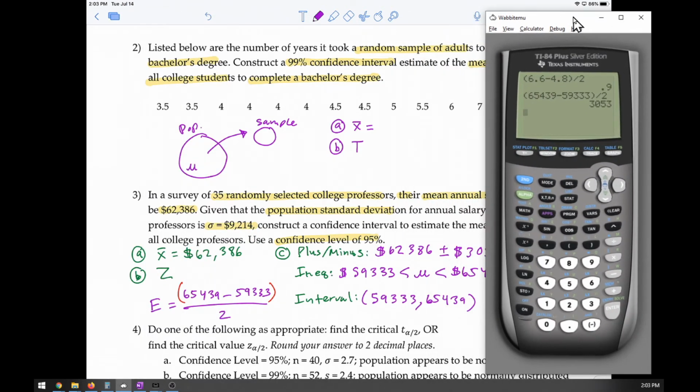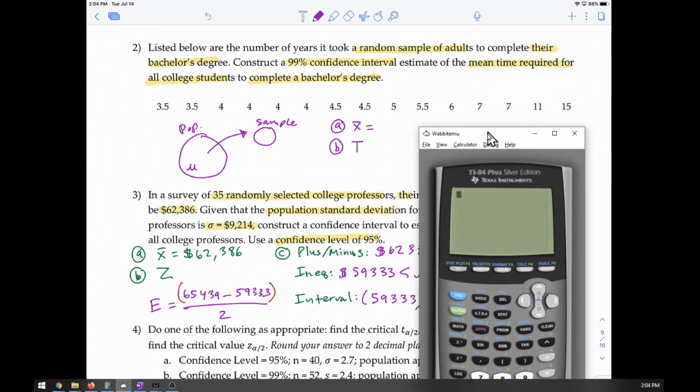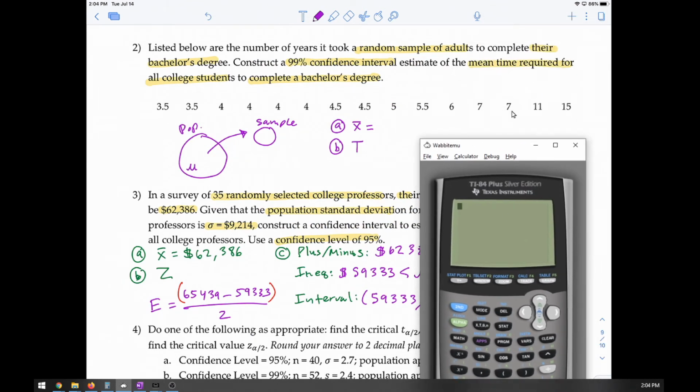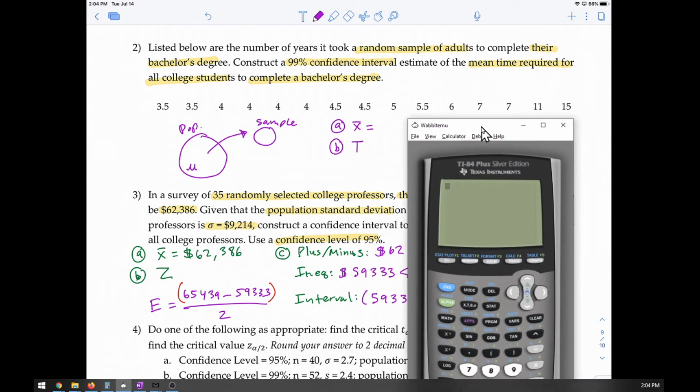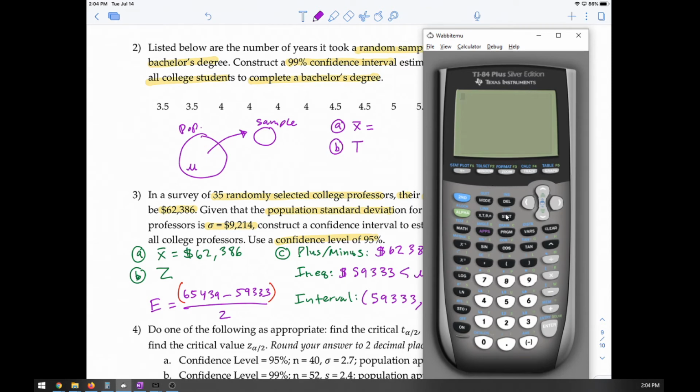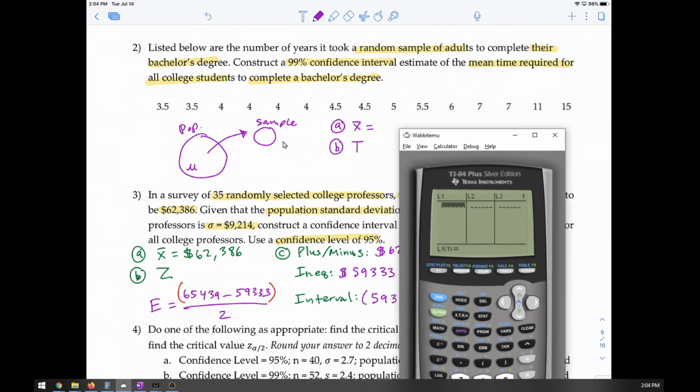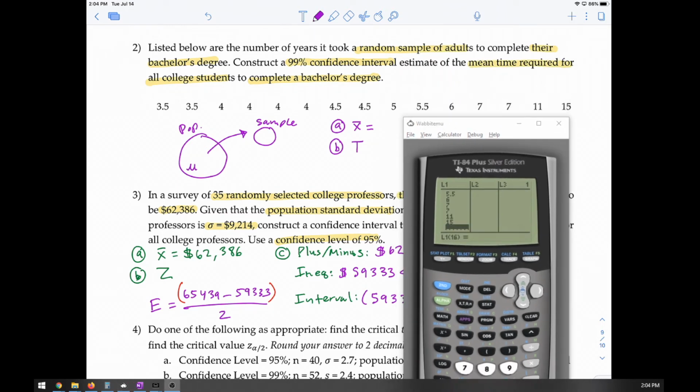So we know we're going to use t-interval, but before we can, when we're given a data set, we want to put that data set into a list in our calculator. To do that, we go to Stat, then Edit, and input it into L1. Okay, I put it into a list already.